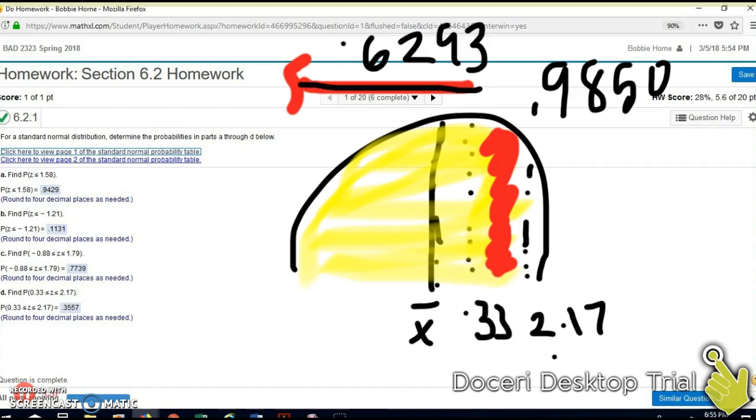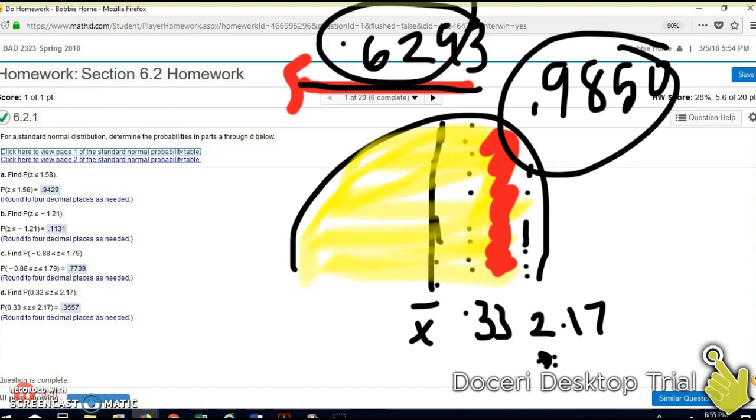So anytime you look up the number, that probability is from that point all the way back to the left of it, okay? So if you take 0.9850 and subtract out the 0.6293, then you will get the probability between 0.33 and 2.17. You will get 0.3557.